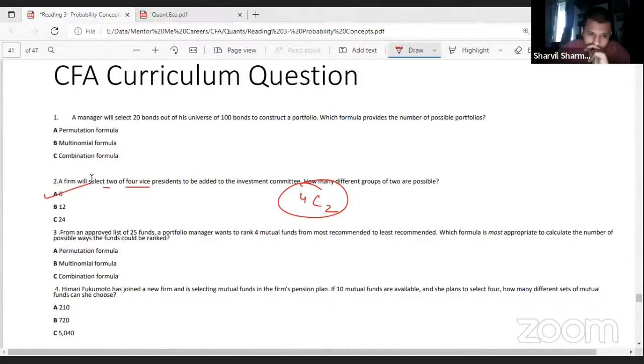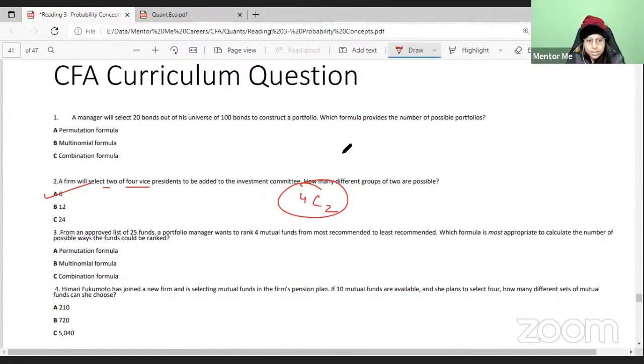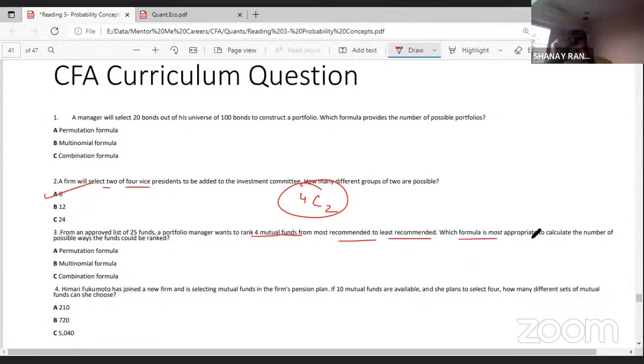ठीक है, next देखते हैं. Next is from an approved list of 25 funds. A portfolio manager wants to rank 4 mutual funds from most recommended to least recommended. Now order is important. Which formula is most appropriate? Order has become important, so it should be Permutation.